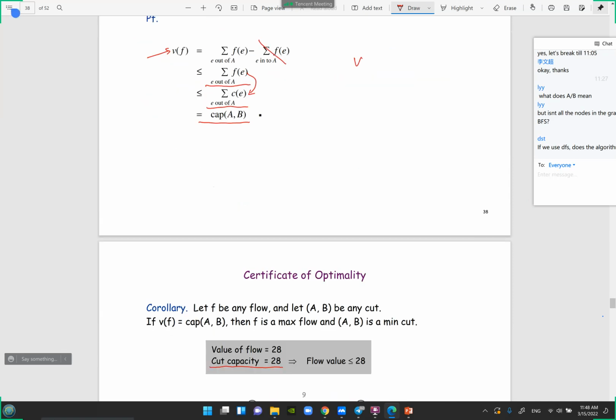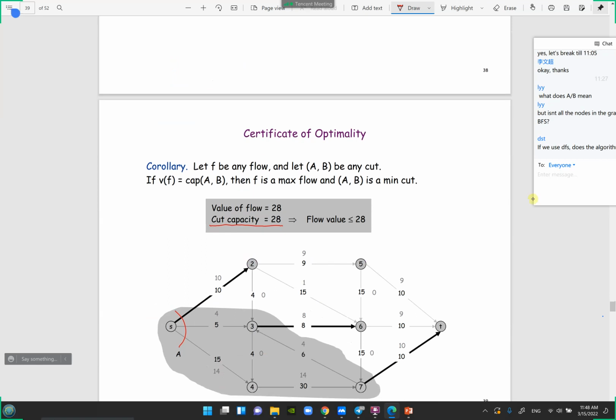So here you have a cut of capacity 28, and that means that all flows are at most 28. And furthermore, you found a flow of size 28 over here. So this means that your flow of size 28 is the largest possible, because we know that any flow is at most 28, and here you found a flow of size 28. So this is the optimum flow.